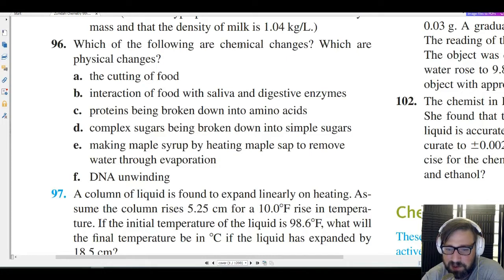So DNA unwinding would be one of those ones in the middle where it's kind of a physical change because technically no atoms are going to be switched, but at the same time so many intermolecular forces between the two strands are going to be broken. We'll get into that in AP for the AP people out there.